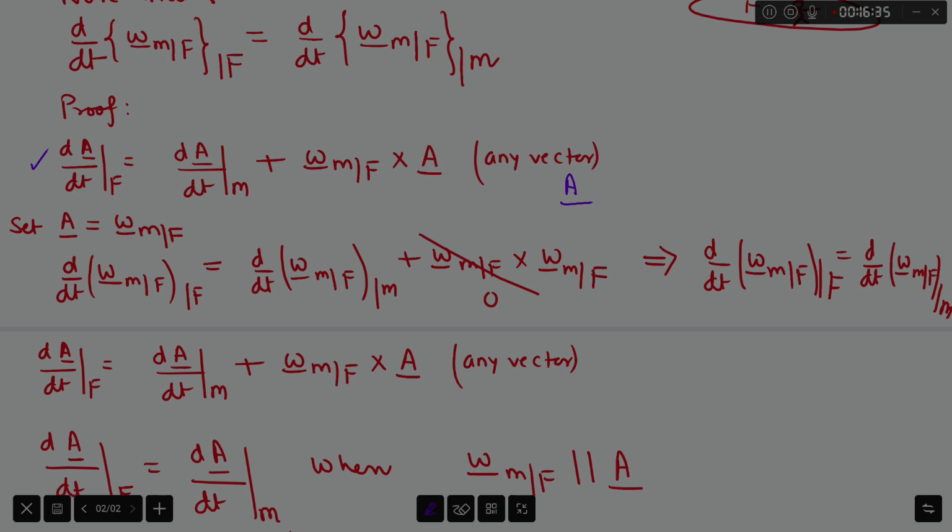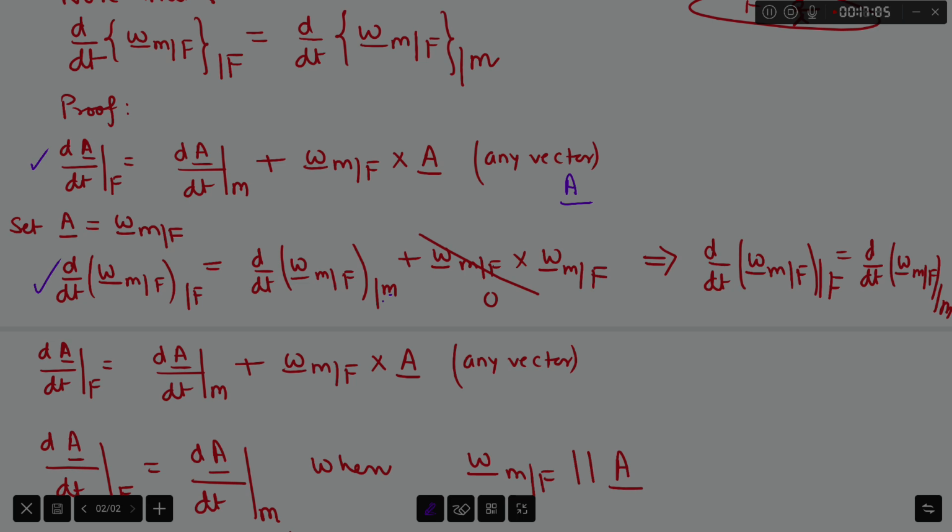Now this relationship is true for any vector A. If I set A as the angular velocity itself, I get the equation I have written here, that the rate of change of angular velocity with respect to F is equal to the rate of change of angular velocity with respect to M, and then we come across the third term wherein we get omega mf being crossed with omega mf itself.